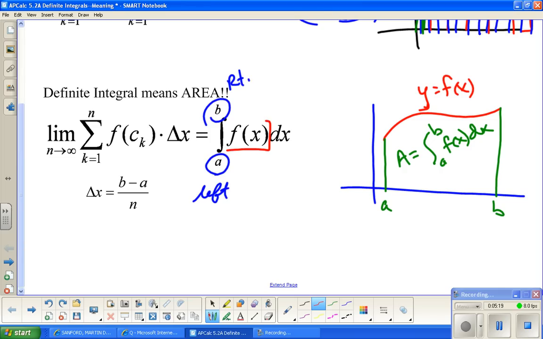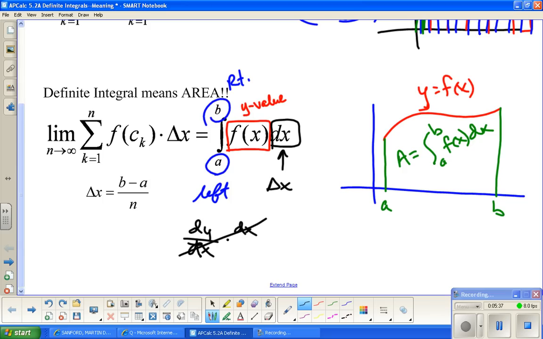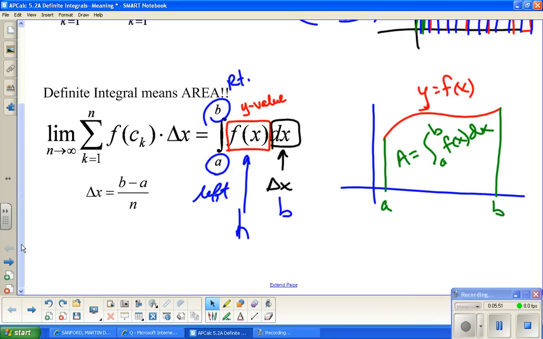This represents the y value, and this represents the delta x, and we know that from when we were talking about dy dx, where we might multiply by dx, the change in x, to get the dy. Same idea, just in this setting. So again, this is like the base, and this is like the height, in terms of notation.